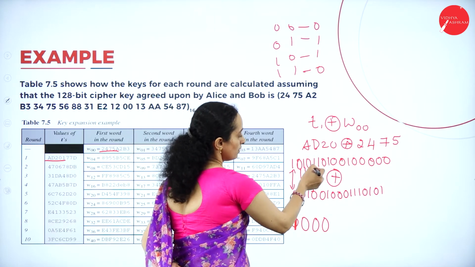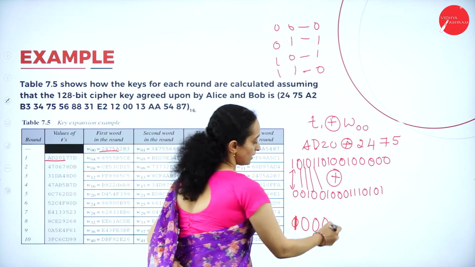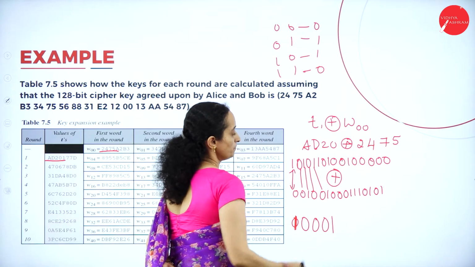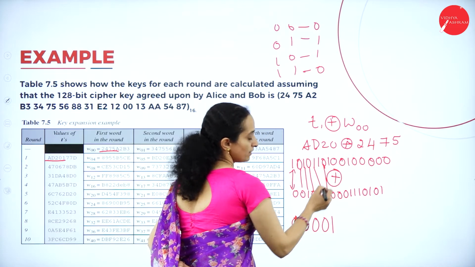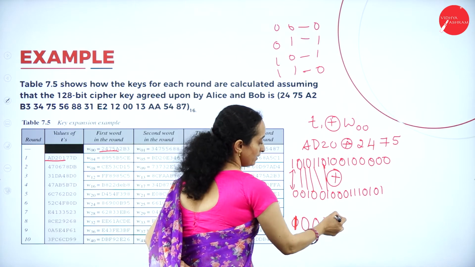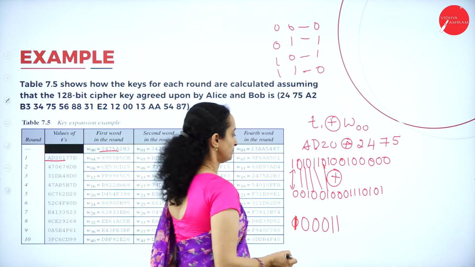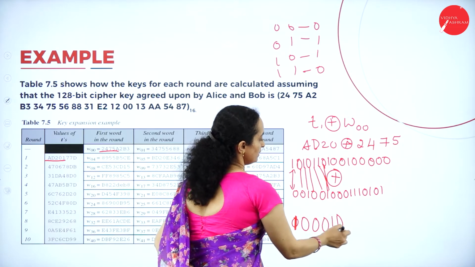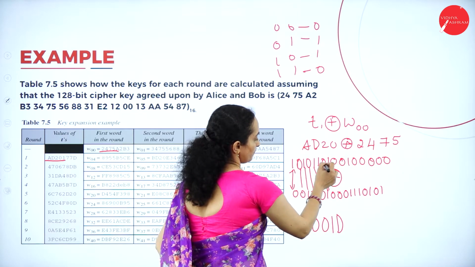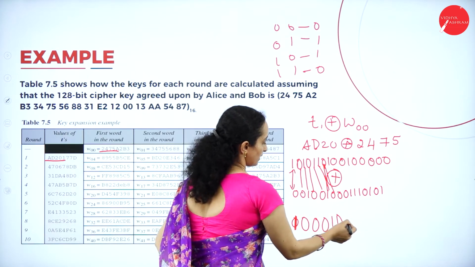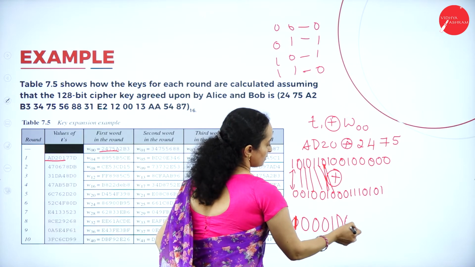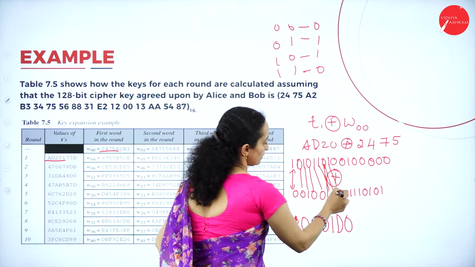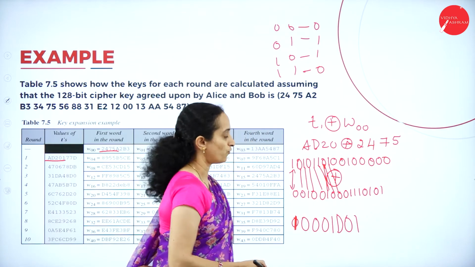Now we have 1 0 generating 1, 0 1 generating again 1, 1 1 generating 0, 0 0 generating 0, 0 1 0 generating 1.